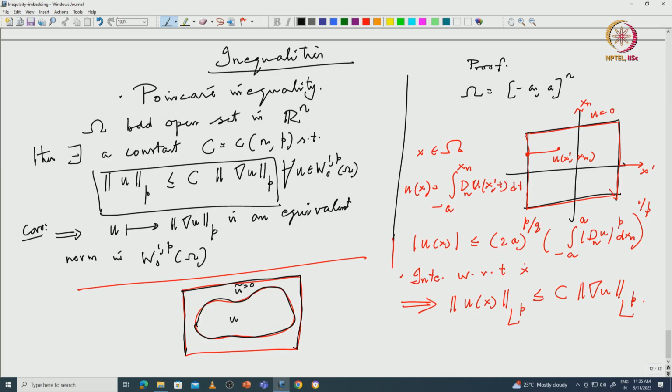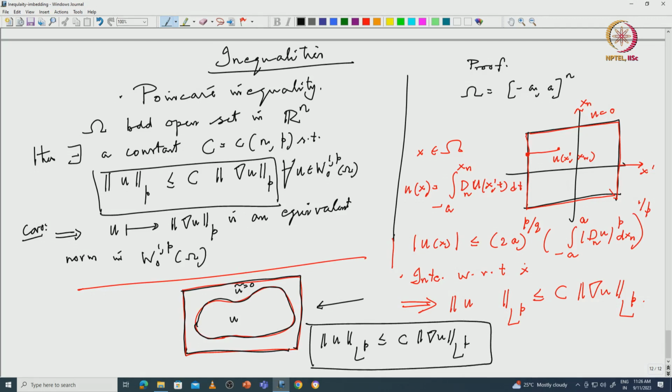Using this argument you can immediately prove that the norm of u at LP is less than or equal to a constant times the norm of grad u at LP. Very, very important inequality. You should not forget this Poincaré inequality.